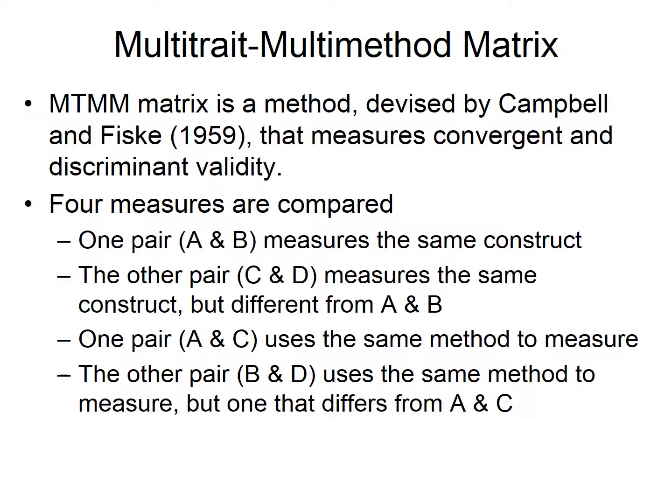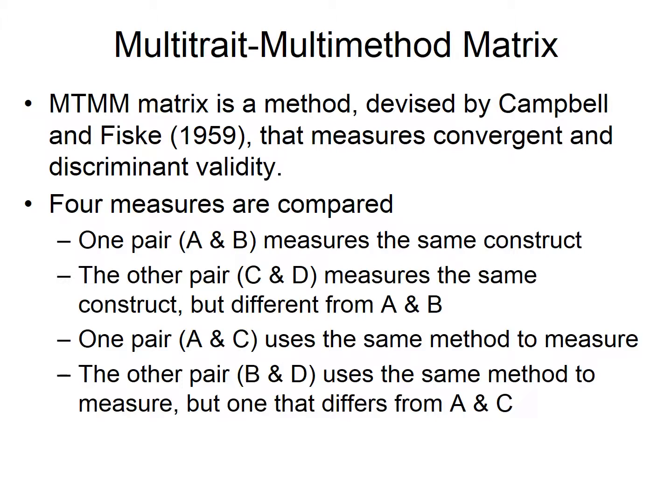For example, I'm going to use depression and anxiety. So depression is A and B. Anxiety is C and D. Then, one pair uses the same method. So A for depression and C for anxiety are both self-report measures. The other pair uses the same method as each other, but one that differs from A and C. So B would be a clinical psychologist rating of depression, and D would be a clinical psychologist rating of anxiety.